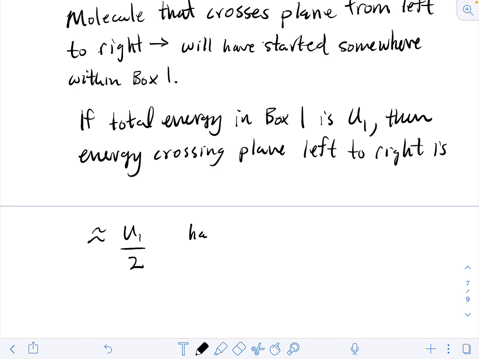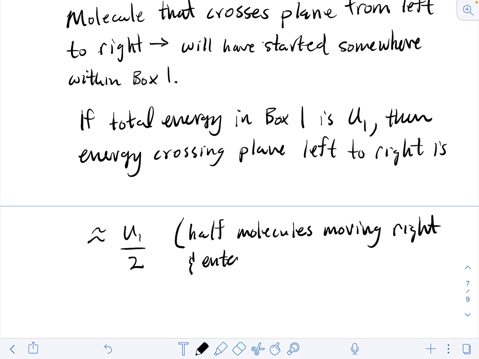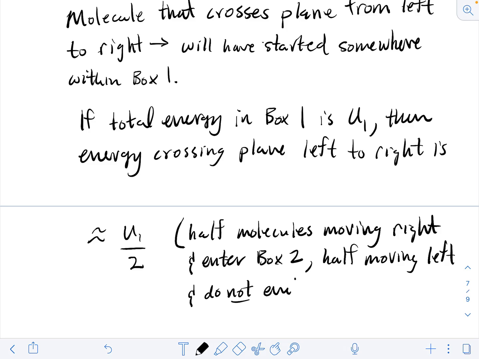We're assuming that half the molecules are moving to the right, and so they enter box 2, and half are moving to the left, and so they do not enter box 2.